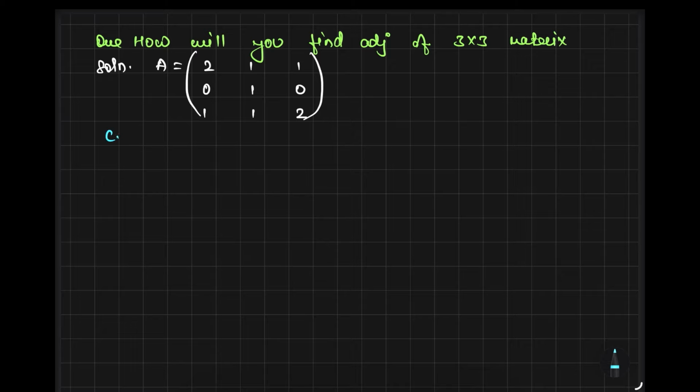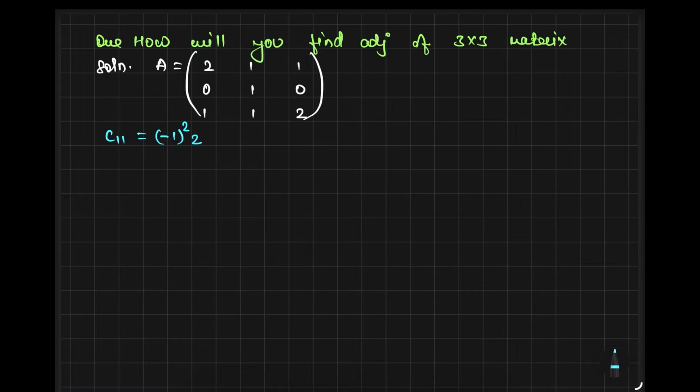So first C11. Minus 1 to the power of the sum of the subscripts, 2. And then we will hide this row and this column, and find the determinant of the rest, meaning this into this minus this into this, so it will become 2.